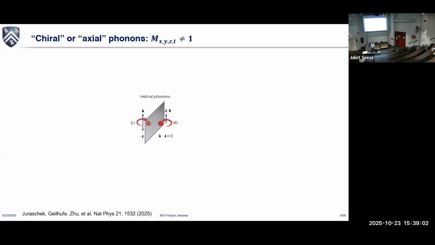Is it actually breaking mirror or inversion or time reversal, and what's the consequence of that? Here is an example of how phonons, or atomic oscillations within solid state materials, can break all of the symmetries. Of course, in lattice crystals, atoms never move far away, right? They can only move within the unit cell. But imagine here is an atom, and then it rotates a little bit, just near its equilibrium position.